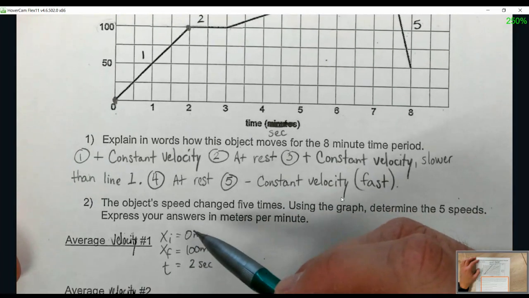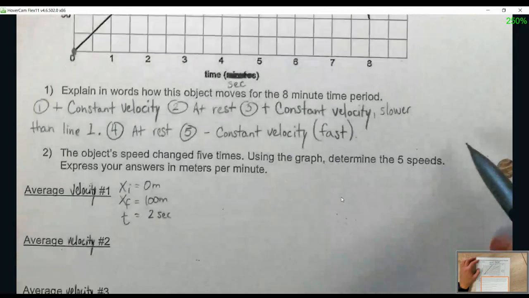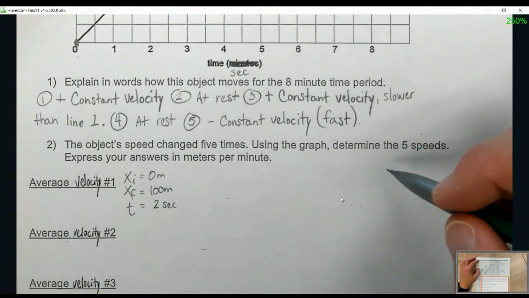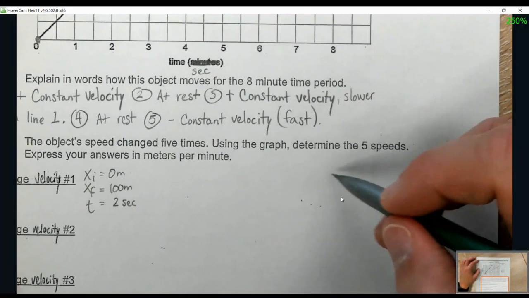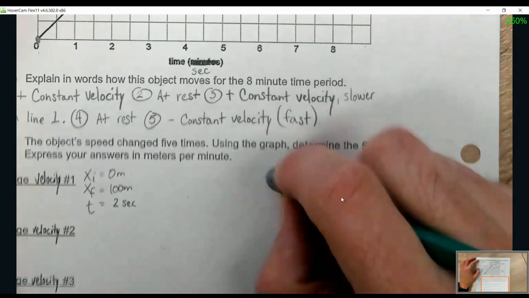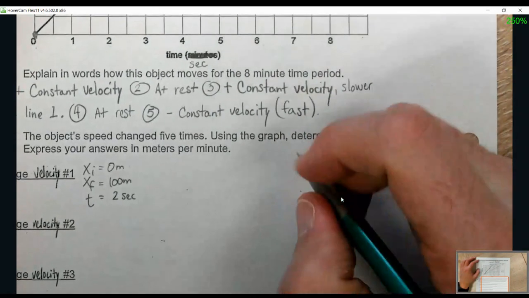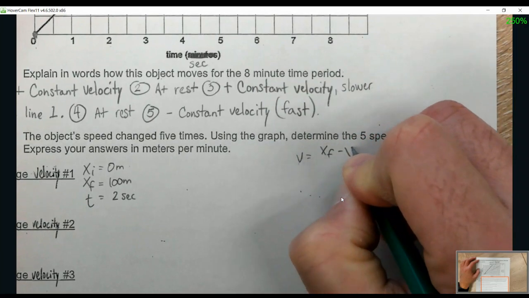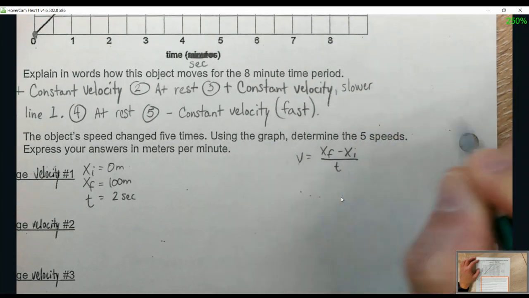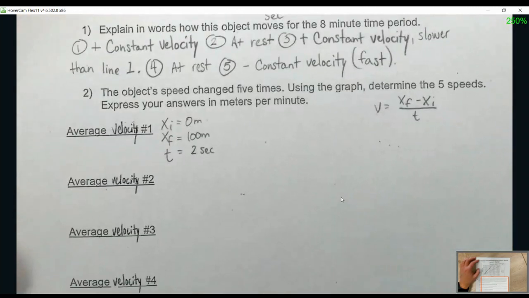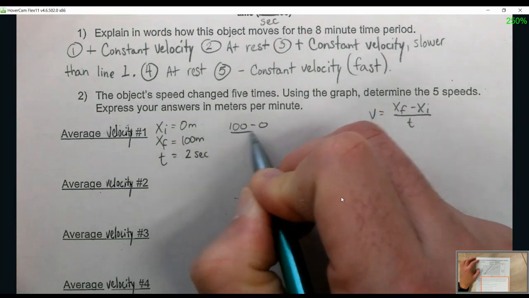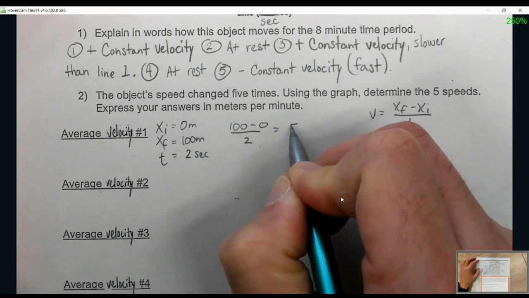So I have xi, xf, and t. Remember that the equation you guys are going to be using is that velocity is your final position minus the initial position over the time. So we have final 100 minus 0 over 2, and this comes out to be 50.